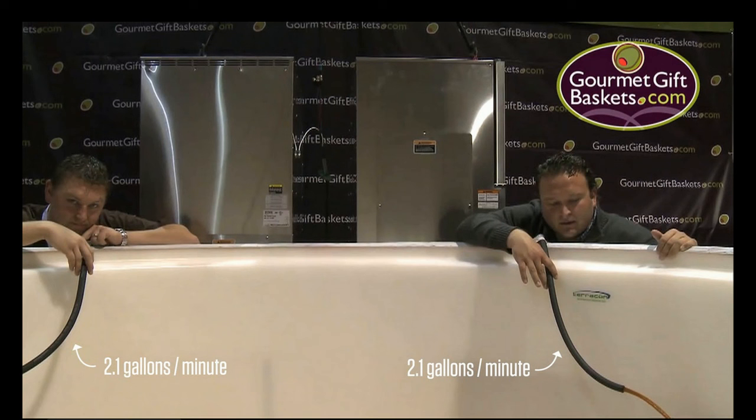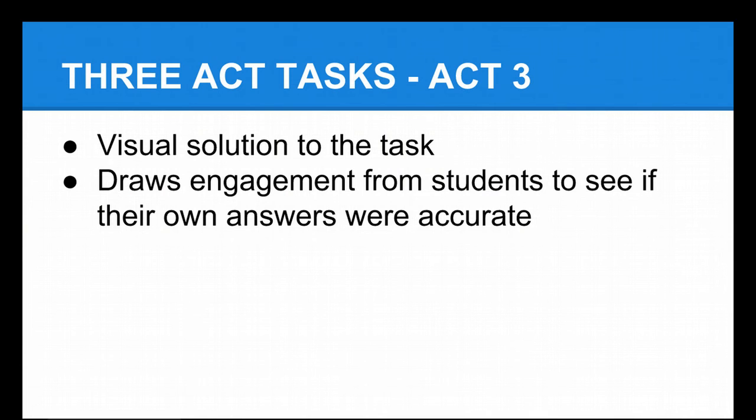So a valid question was, how long does it take to fill up the tank or the cup? Now in Act 3, this is where the visual solution to the task comes out. We show a video or a picture of that beginning part with Act 1, and then Act 3 is the culmination of it. Usually during this time, students are more engaged because they've derived their own answers, they've been involved in the process, they've come up with their questions, they've gotten their answers, and now they want to see if they're right.